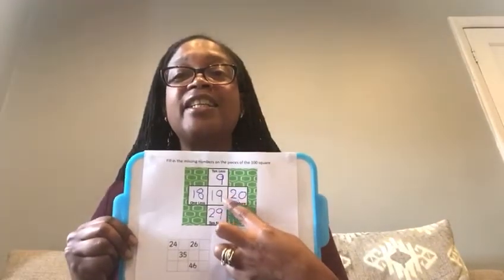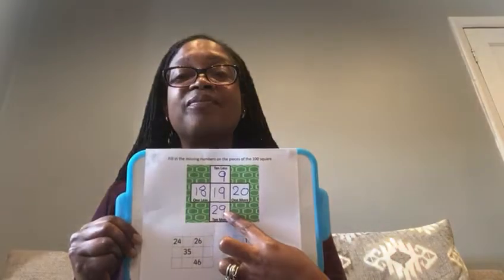18, 19, 20. But now I need to find 10 less and then 10 more. So thinking about your knowledge of number, knowing that 10 less than 19 is 9, 10 more than 19 is 29. So always think about which direction.